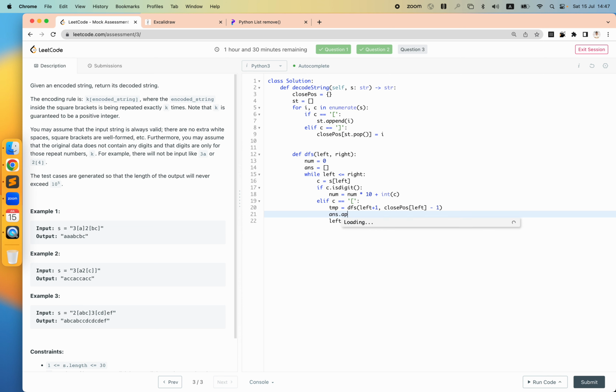So answer will append the string here, multiplied by the num here, and num here equals 0. Return this one joined together with the answer here.